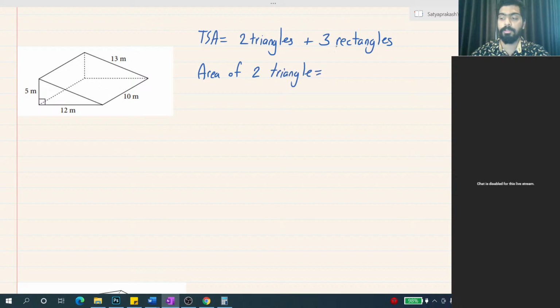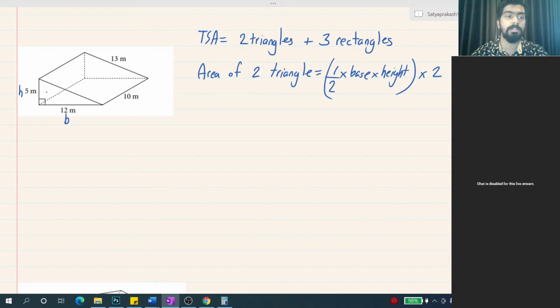Again, let's start off with the formula, which is 1/2 multiplied by the base multiplied by its height. And since the area of the front and back are equal, I'm going to multiply it by 2. So in the triangle, we have that this is the base and this is the height, right?